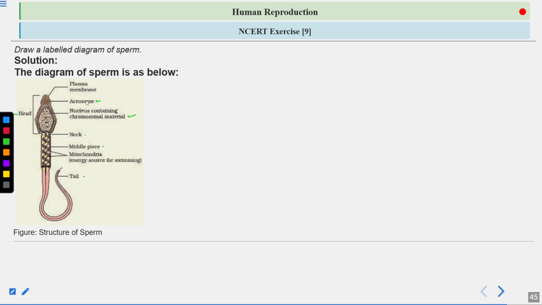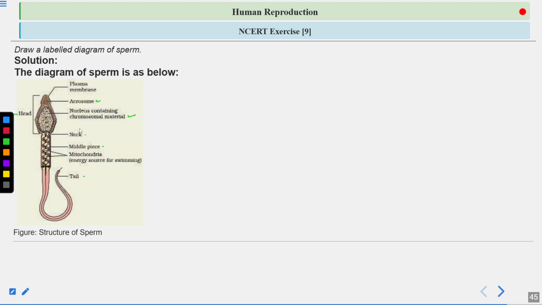This acrosome consists of enzymes such as hyaluronidase and acrosin, which help to break down the walls of the ovum, and it helps the sperm to penetrate the ovum, or you can say it helps in the fertilization of the ovum by the sperm. Then the plasma membrane surrounds the entire sperm.